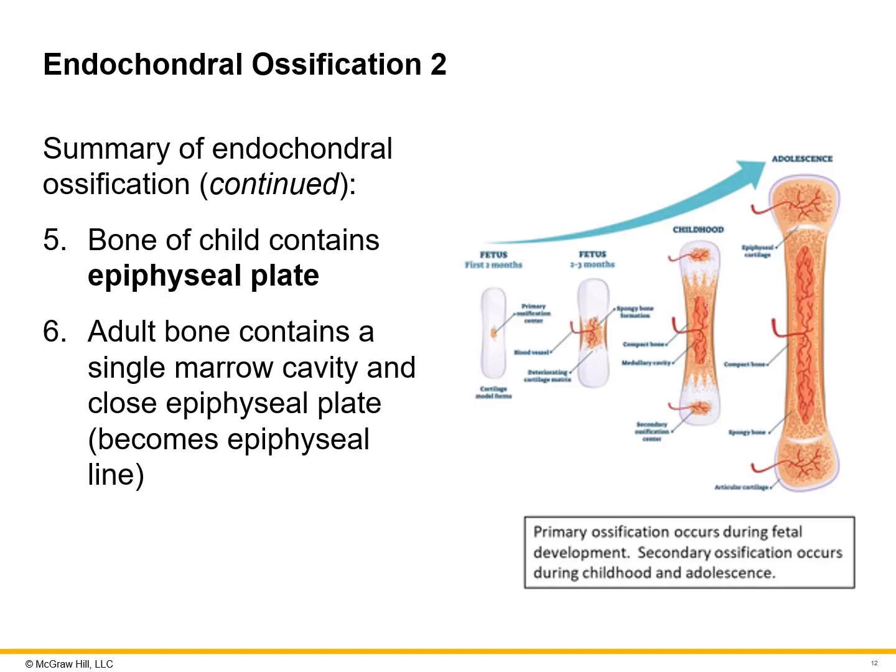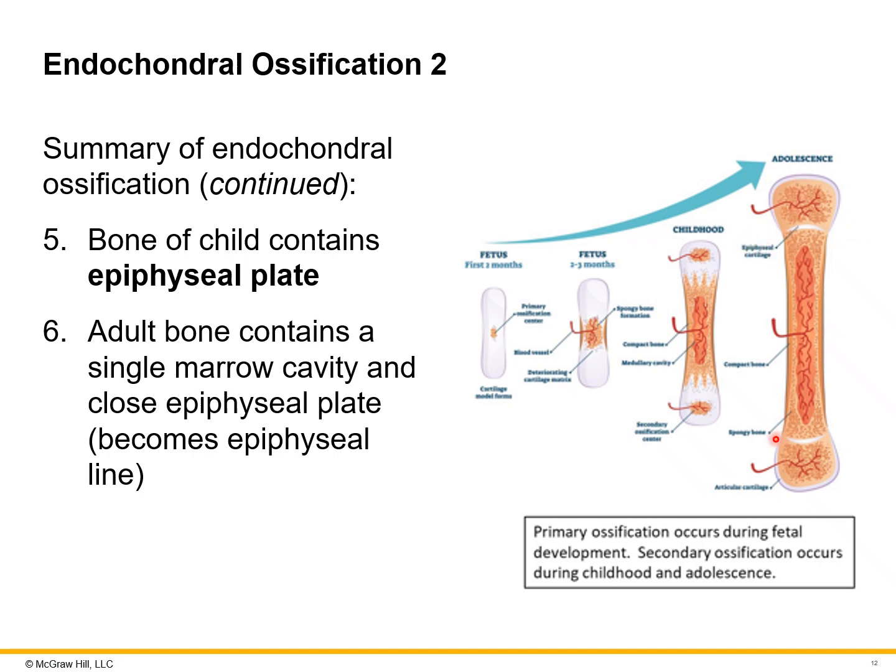As a child continues to grow, there is going to be some cartilage left over in the portion of the bone where the epiphysis meets the diaphysis, called the metaphysis. And that cartilage is called the epiphyseal plate. So that's where we're actually going to have bone growth and bone elongation.